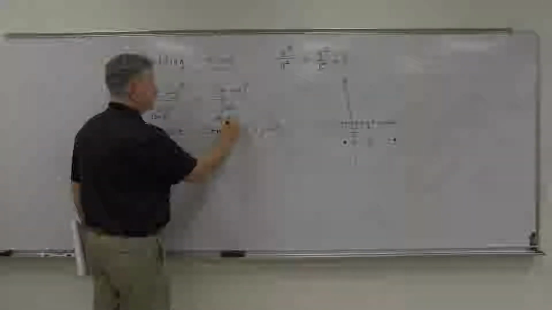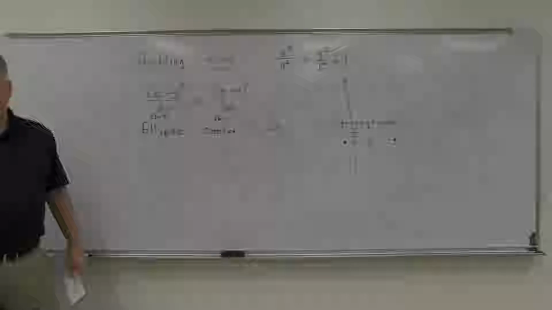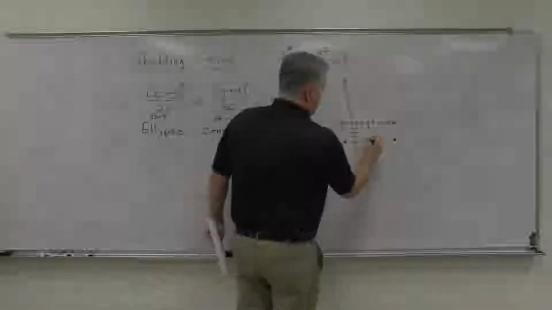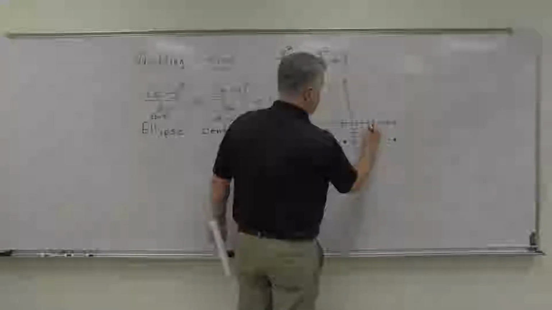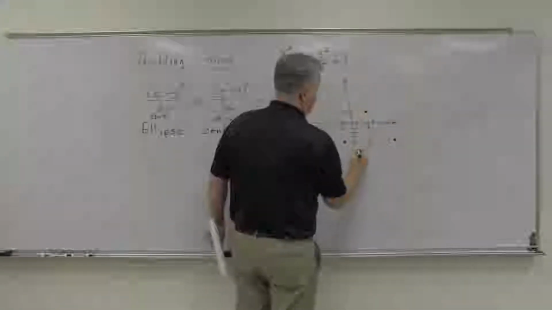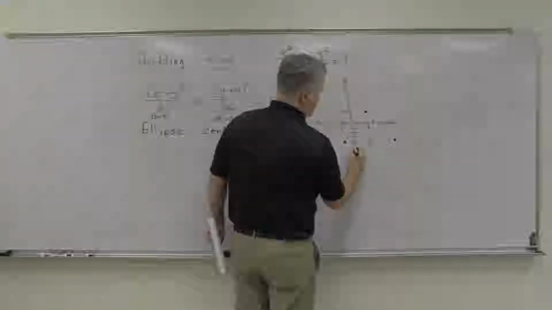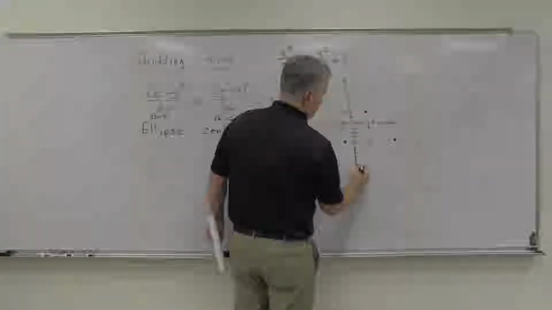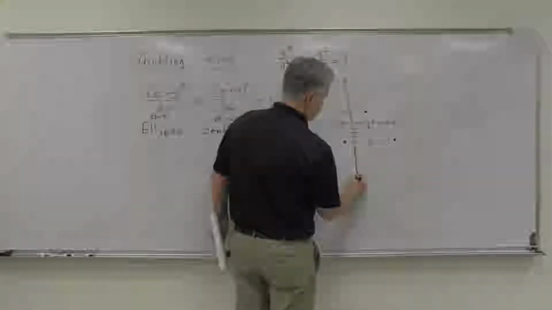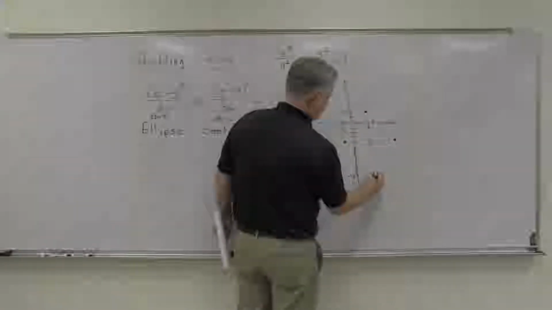Square root that, and that tells you how much to go up and down. 6 units up and down. 1, 2, 3, 4, 5, 6. I'll be up here at 2. And then 1, 2, 3, 4, 5, 6. What would that put me at? -4, -10. Down here, -10.